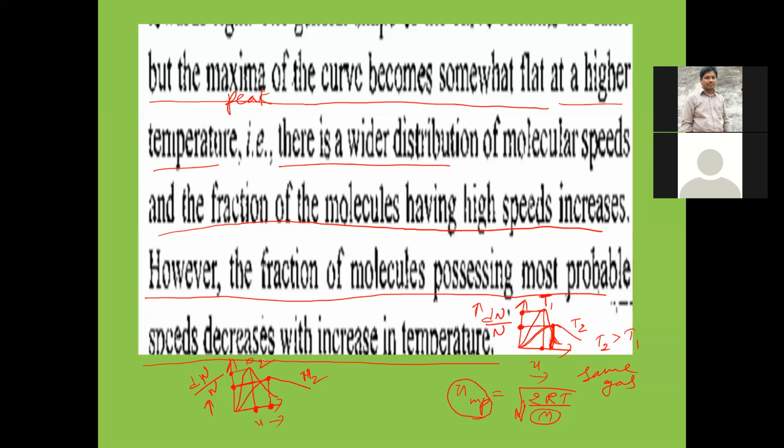Now we have two different gases at the same temperature. So the temperature is the same in these plots for different gases. But here the temperature is different but the gas is the same. These two curves are very important to understand.